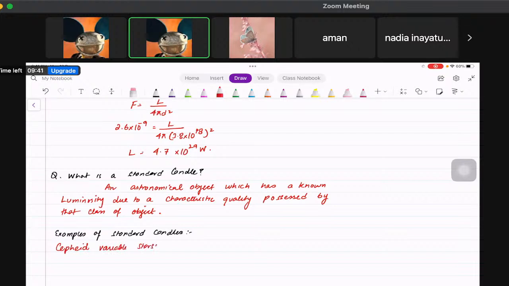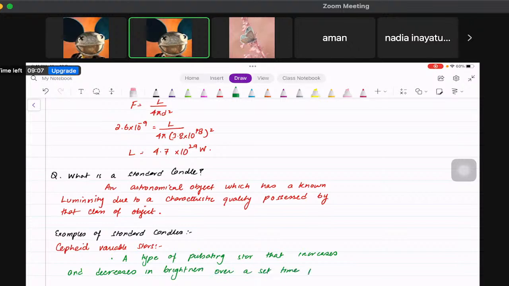A Cepheid variable star is basically a type of pulsating star that increases and decreases in brightness over a set time period.